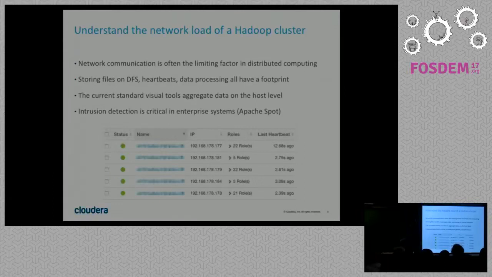So instead of saying I'm using 80% of the bandwidth, maybe I'm going to say that, okay, my DFS is using 20%, my heartbeats are using 1%, and my processing jobs of these three workflows are using an additional 50%. Maybe that's what I would like to see in a setup like this. And currently, that's not what you necessarily get from these systems.